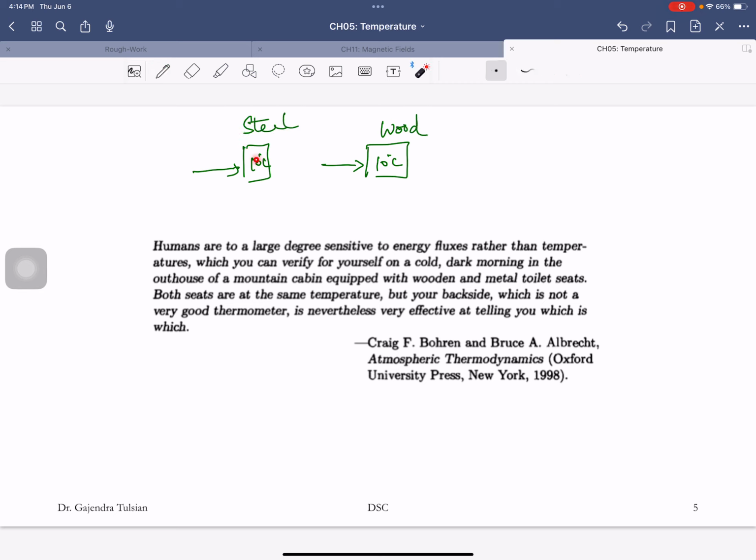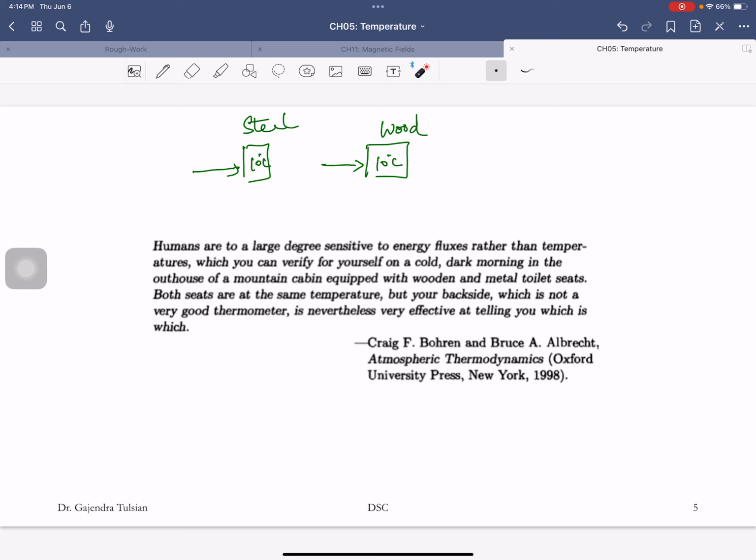Why does this feel colder even though they're the same temperature? It turns out that steel is a good conductor of heat. So when you touch this, heat is conducted away from your body faster than when you touch the piece of wood. And humans are sensitive to the rate of loss of heat rather than temperature.